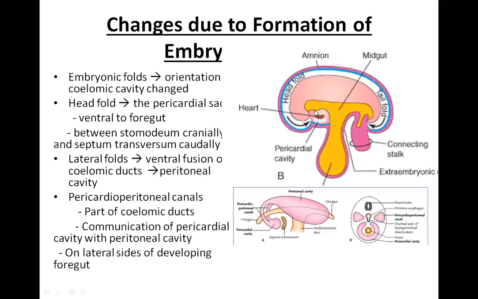Now over here you can have a better look at this diagram, which is showing that stomodium is bounding this pericardial cavity and the heart anteriorly, and the septum transversum, now because of the head fold, is positioned caudal to this cardiogenic area and the pericardial cavity.